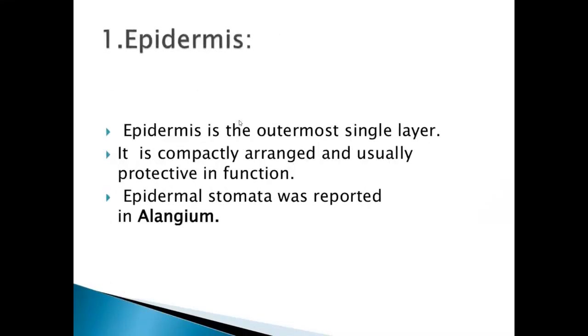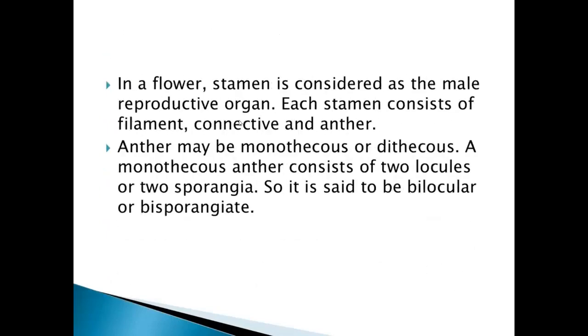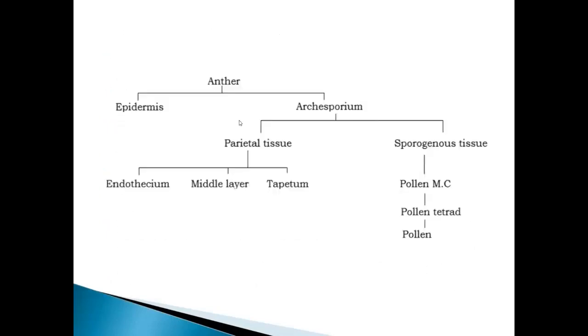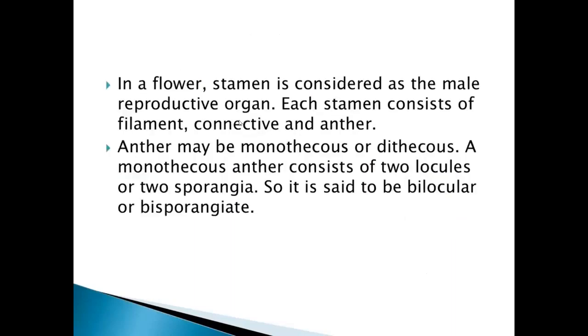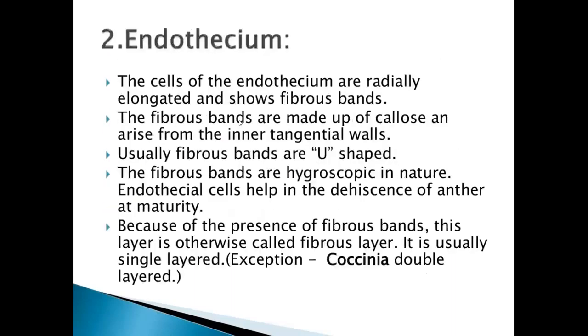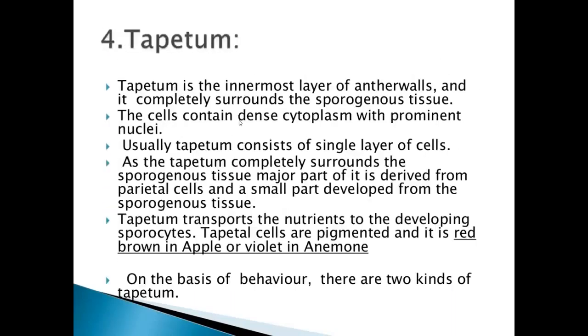In the flow chart, this is the sporogenous tissue. Almost the major part is the parietal tissue and a little part is the sporogenous tissue. So that is the tapetum part. The tapetum transports nutrients to the developing sporocytes.